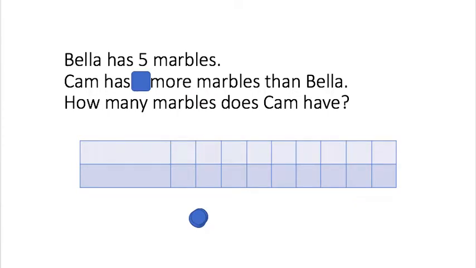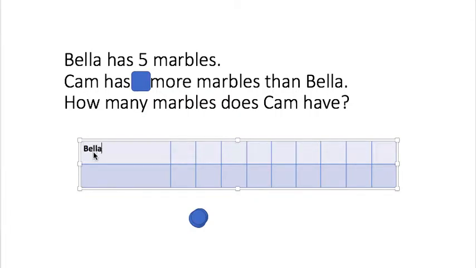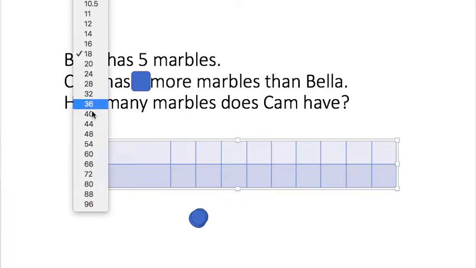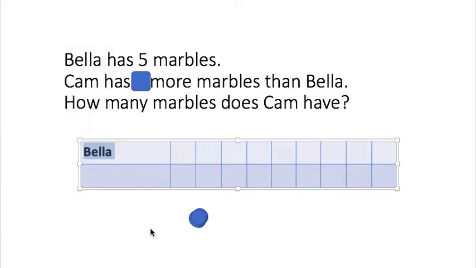Bella has 5 marbles. So the first thing we're going to do is here's my chart that I've made. This is a chart, okay? And in the top left corner, I'm going to write Bella's name, Bella. And she has 5 marbles.